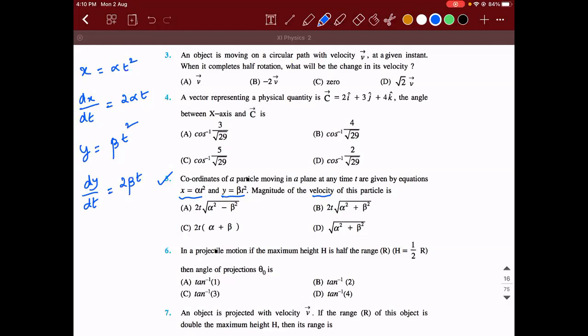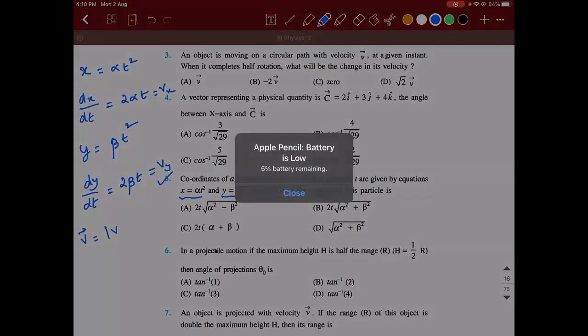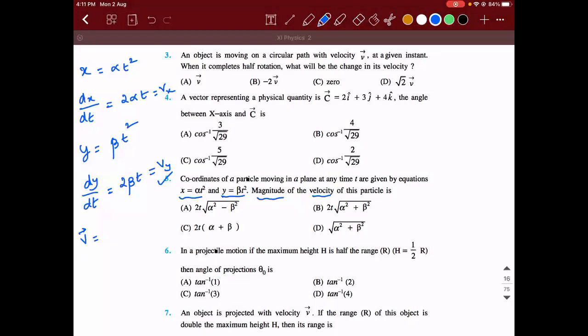Correct? So this is velocity along x direction. This is velocity along y direction. Now they're asking the magnitude of velocity. How do you find the magnitude of velocity, guys? So generally, if you write it in the vector form, velocity vector will be equal to Vx i cap plus Vy j cap.